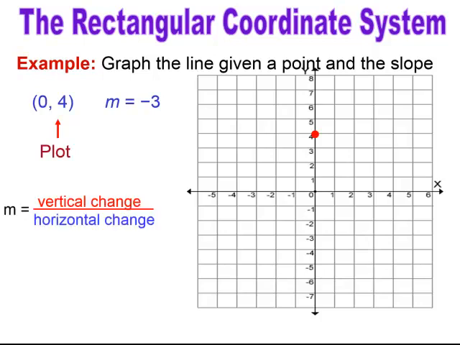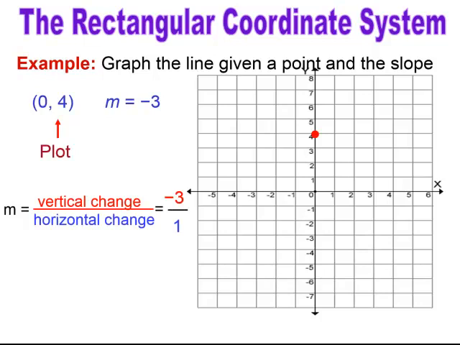So remember that my slope is my vertical change over my horizontal change. And when we have an integer, in this case I have a -3, remember, any integer or whole number, you can create a fraction from it by putting it over 1, so that you can get your horizontal change.